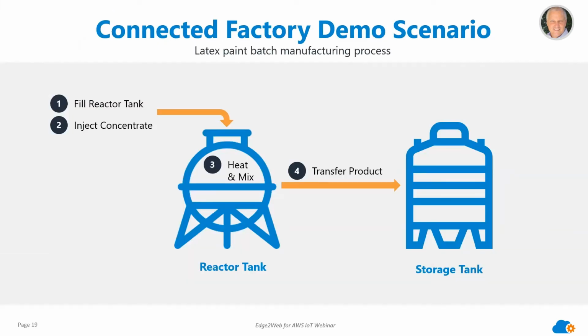This slide provides a roadmap for each iteration of our latex paint batch process. Water and paint concentrate are added to a reactor tank. The reactor tank then heats and mixes the fluids to create the finished product, which is then offloaded to a storage tank, and then the next batch cycle begins. After several batch cycles, the storage tank itself is partially drained to long-term storage.